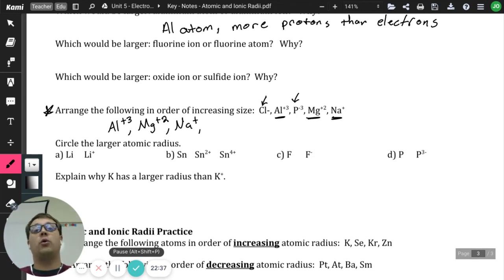And since it's got more electrons than protons, that size is going to be larger. So chlorine with a negative charge is smaller than the phosphorus with the -3 charge.